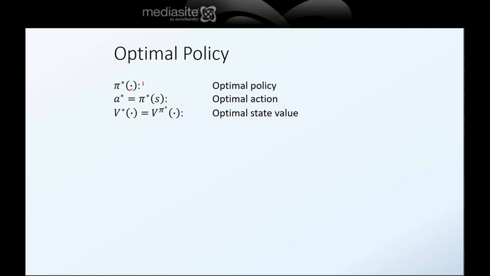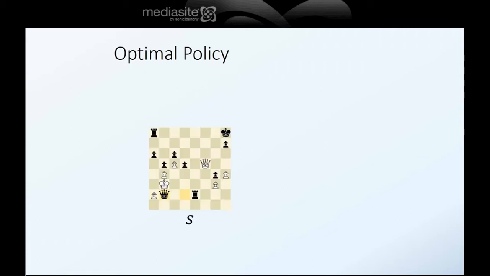Now, the value of any state when applying the optimal policy is V of pi star S, and we can write it as V star. So V star is the optimal state value. Likewise, the optimal state action value is Q star, which is Q of pi star.